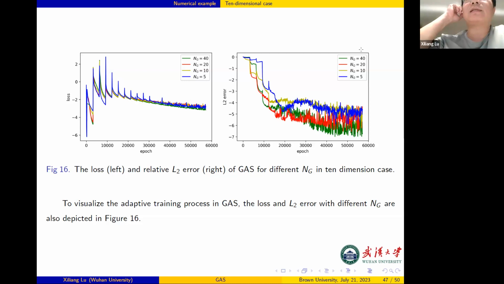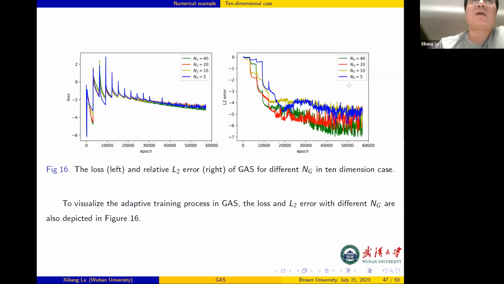We can see 60 is not the best. The best is sometimes 20, sometimes 40. So how we choose the NG, the number of mixture Gaussians, is also not easy.